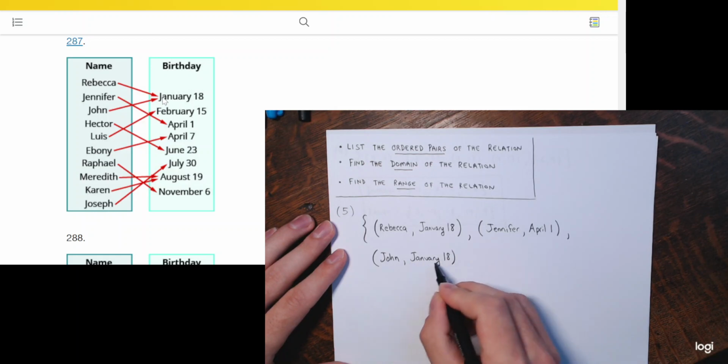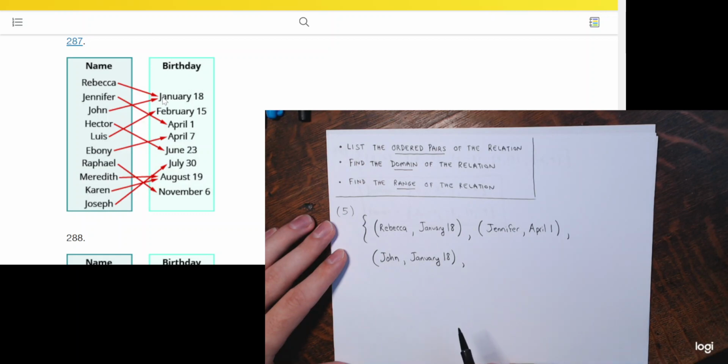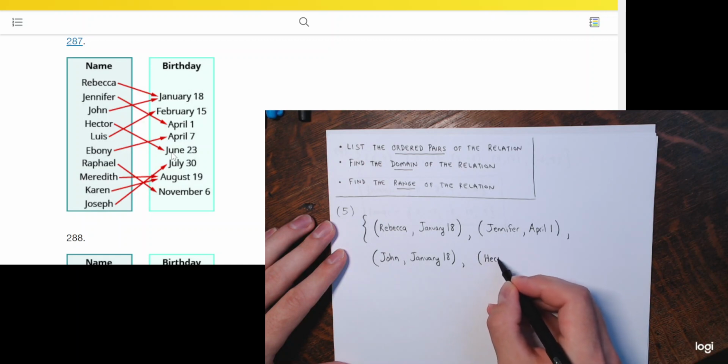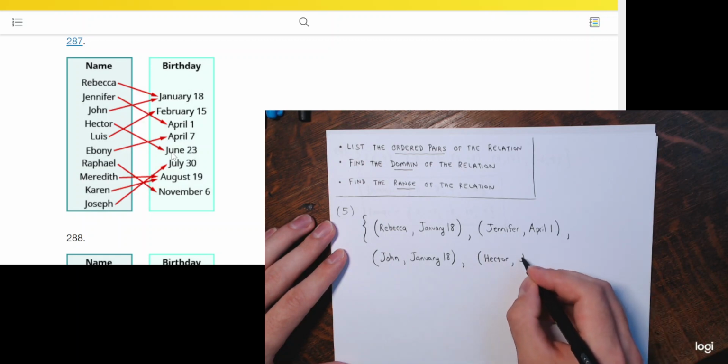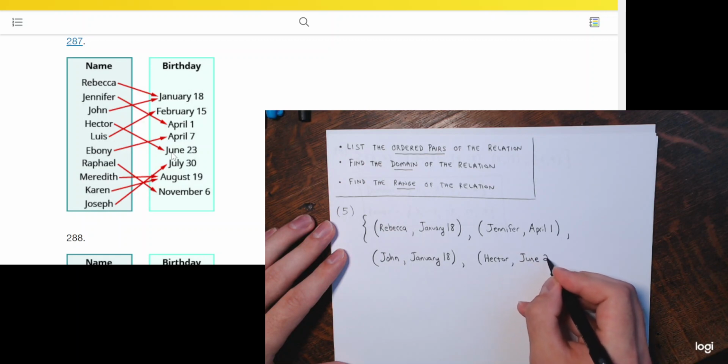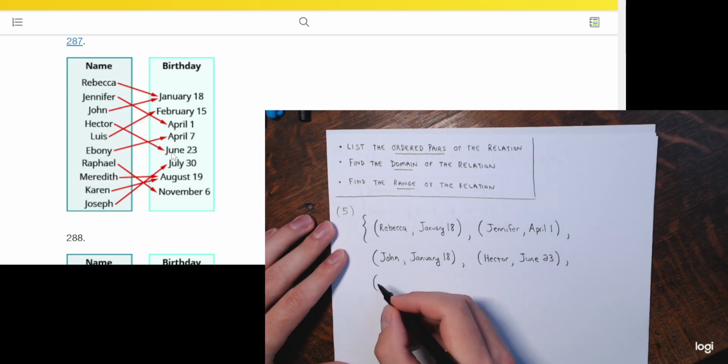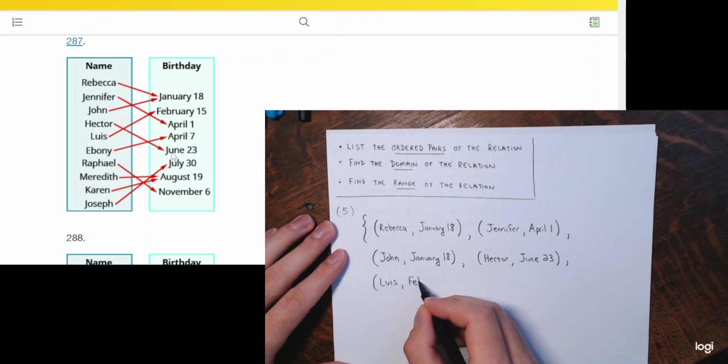Close parentheses. All right. The next relationship, next arrow I'm seeing is Hector. Hector has the June 23rd birthday. So parentheses, you got Hector, comma, June 23rd. Right. The next arrow, Luis, to February 15th. Right, so in parentheses, got Luis, comma, February 15th.